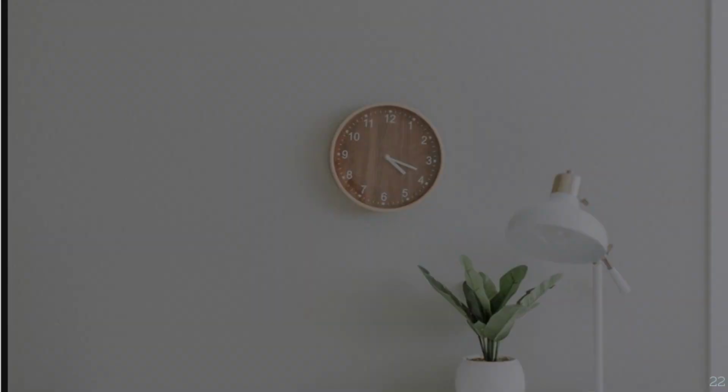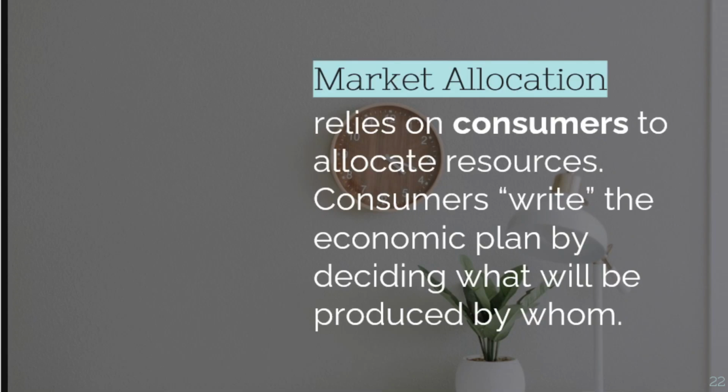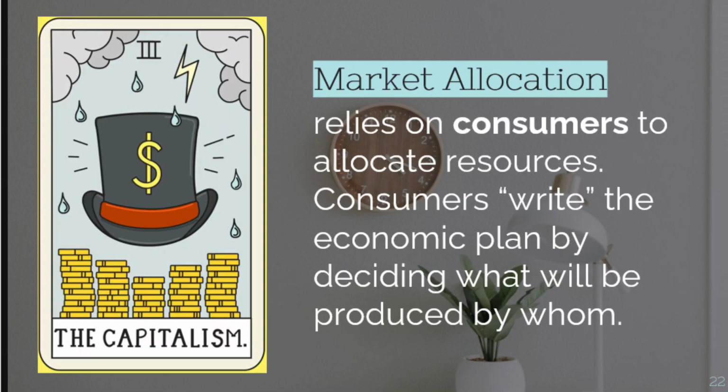So let's first discuss the first allocation, which is the market allocation. Si market allocation, ang economic system niya is si capitalist or si capitalism. In market allocation, they rely on consumers to allocate resources. So, sa madaling sabi, consumers will write the economic plan by deciding what will be produced by whom.